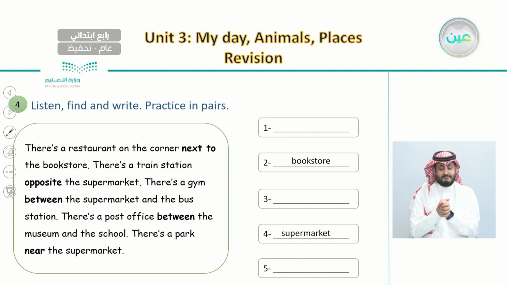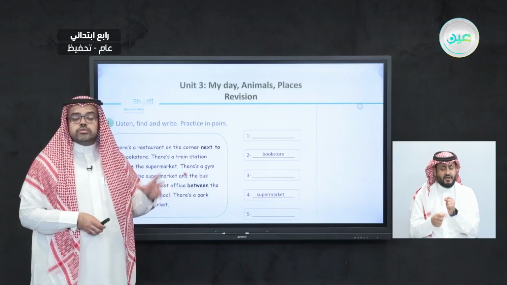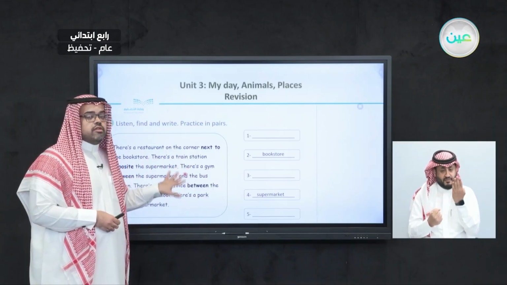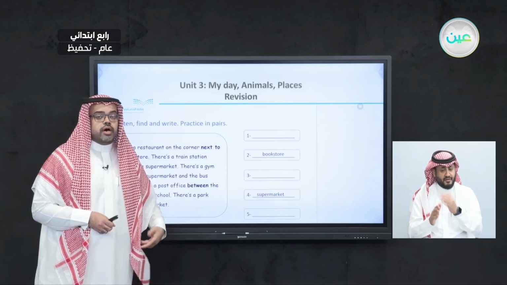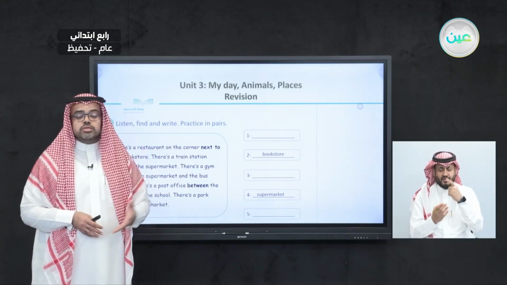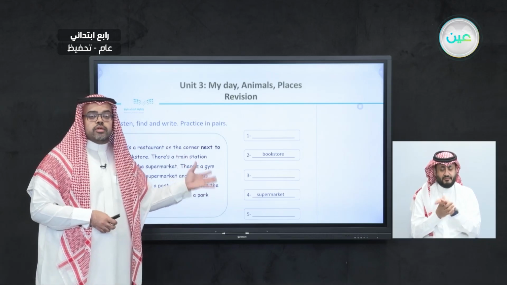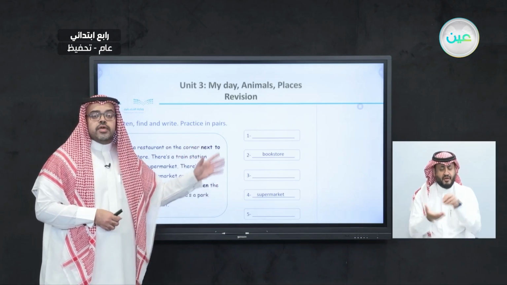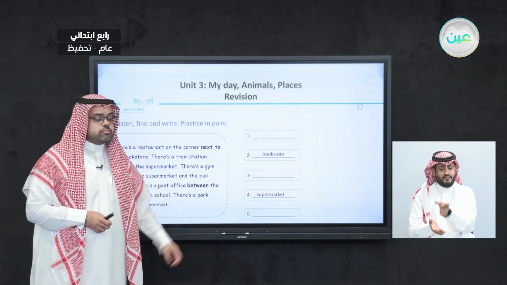So what we need to do is, first we're going to read this text, and after we read it, we need to write down the name of the place in each of these missing blanks. After reading the text, we'll remind ourselves by looking at the page what places we should write here.